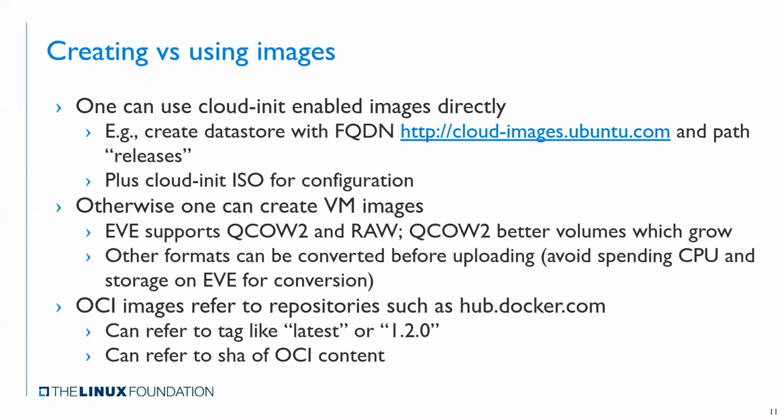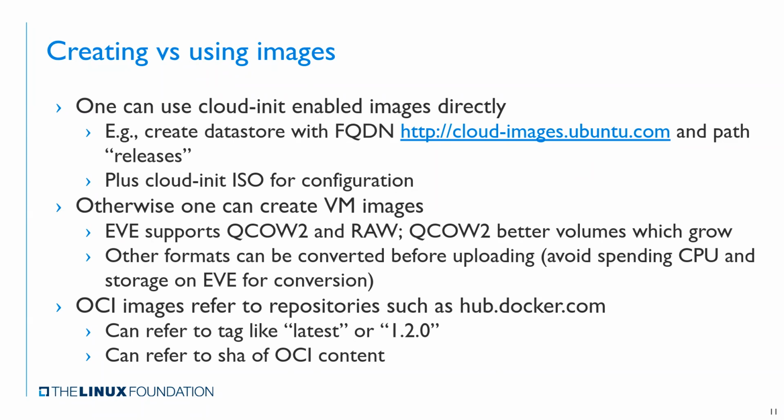So the actual images that get used for volumes, there's a choice between basically using existing things out there and creating them. And one thing that we see people doing is actually using Cloud-init enabled images directly. So there are VM images, you can just go run them.